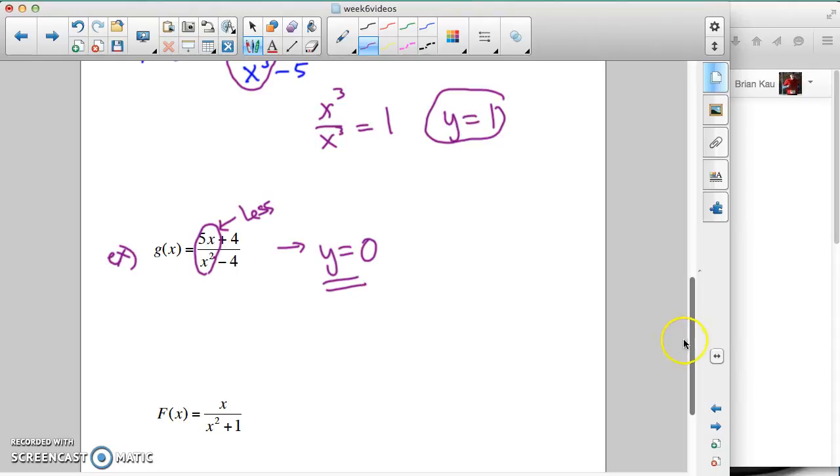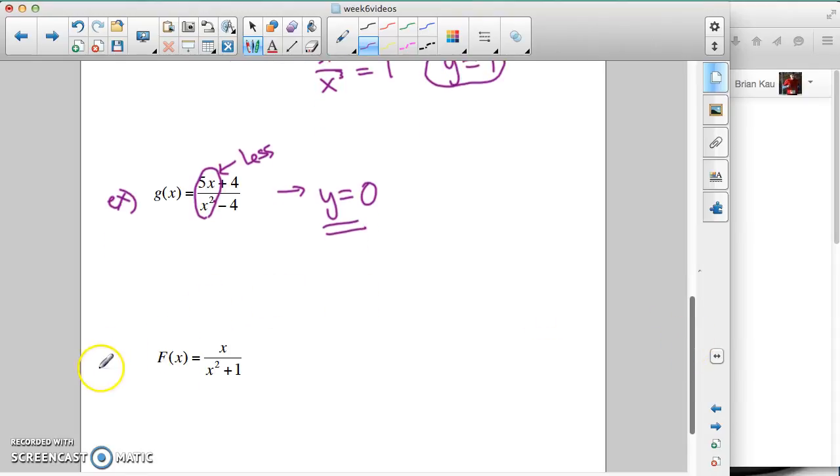Okay? Now, moving on to our second example. This example also follows the same pattern. We have this one being less. Then that's going to also be y equals 0 for a horizontal asymptote.